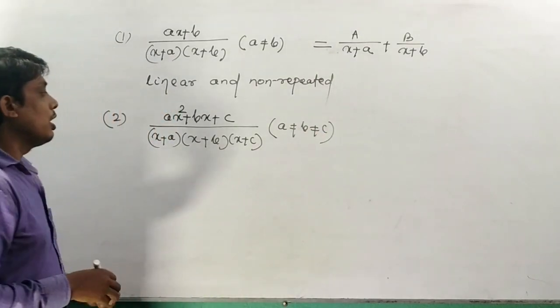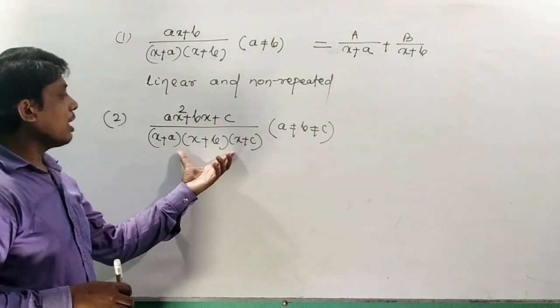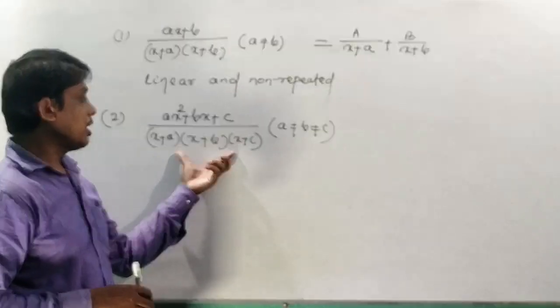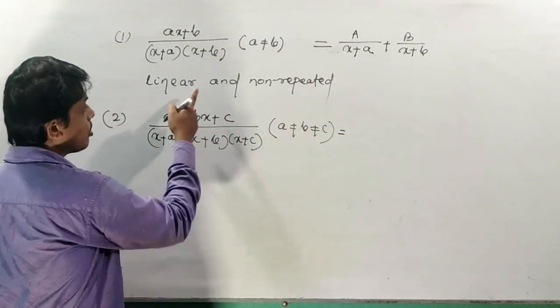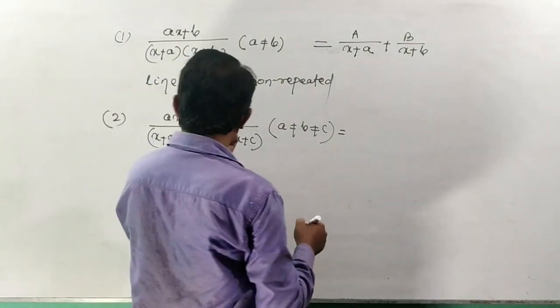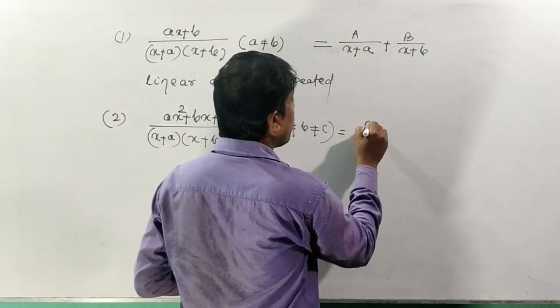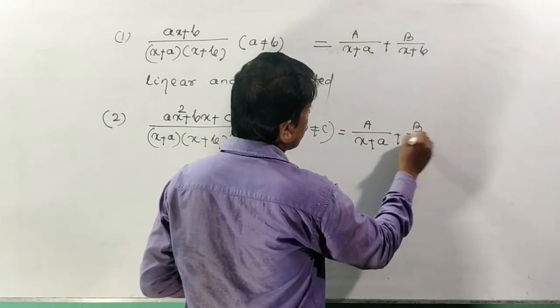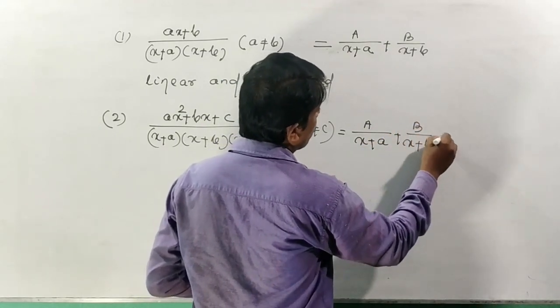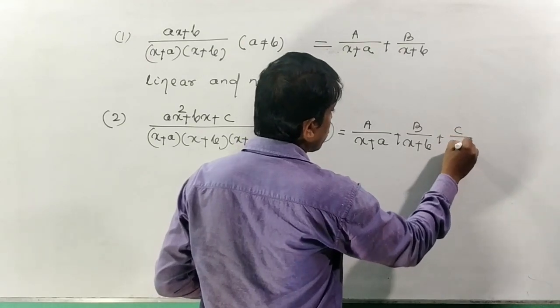That means these three factors are linear and non-repeated. Then we have to take this as a by x plus a plus b by x plus b plus c by x plus c.